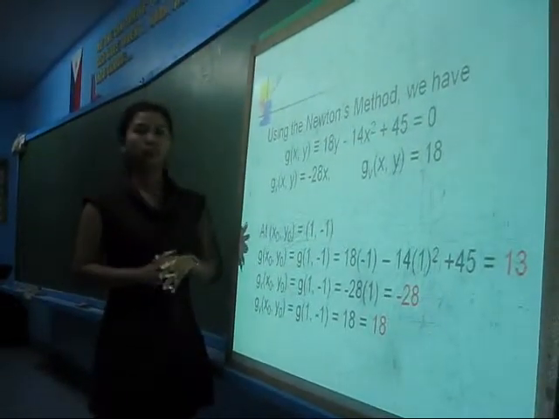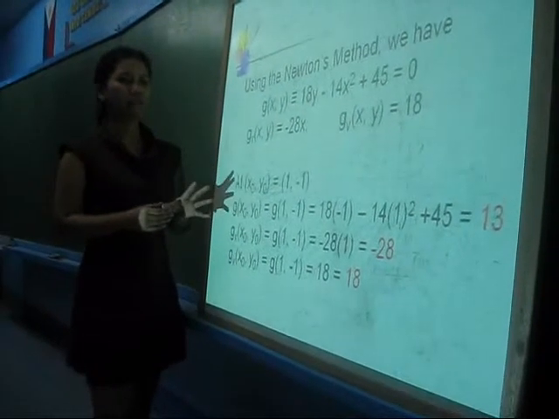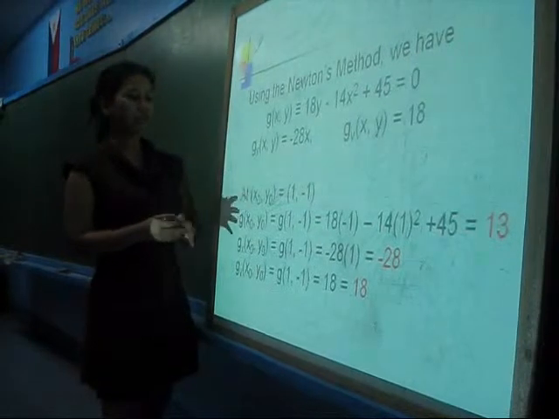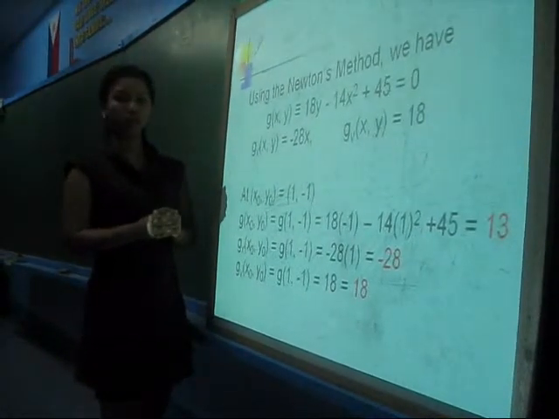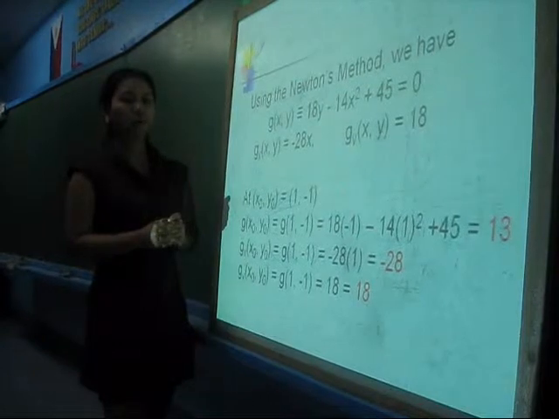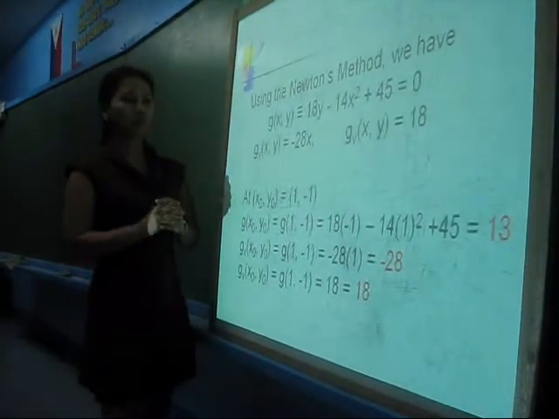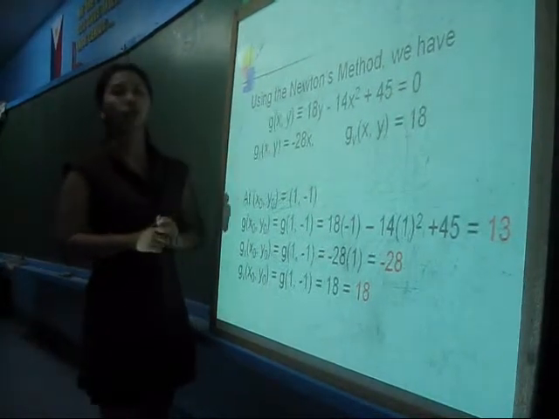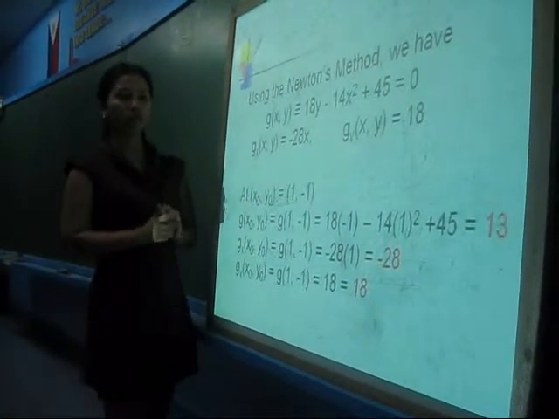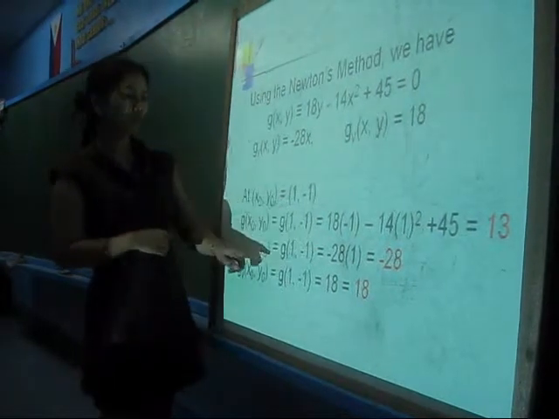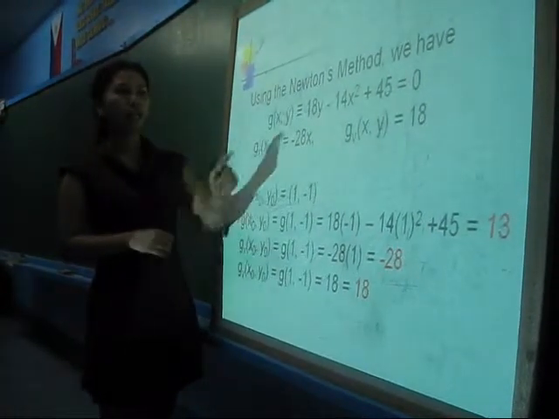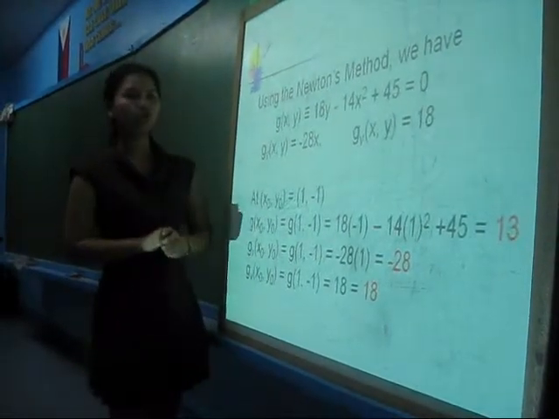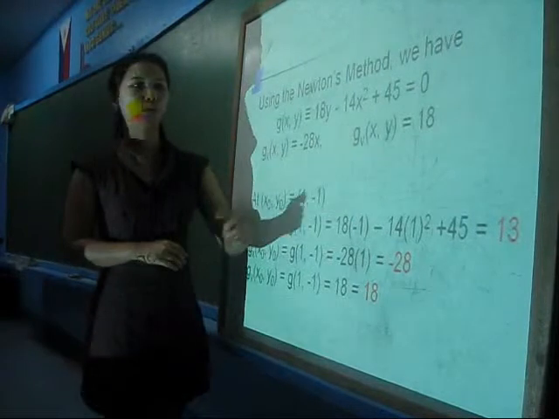And then the solution on the graph that we have is approximately 1 and negative 1, so we use that as x sub 0, y sub 0. Again applying the substitution method, g of x sub 0, y sub 0 is equal to 18y minus 14x squared plus 45. So we substituted the values of 1 and negative 1 for the x and y variables, which resulted in positive 13.